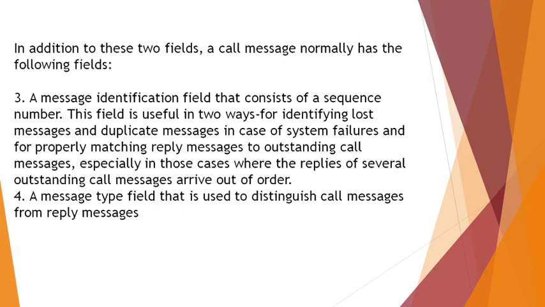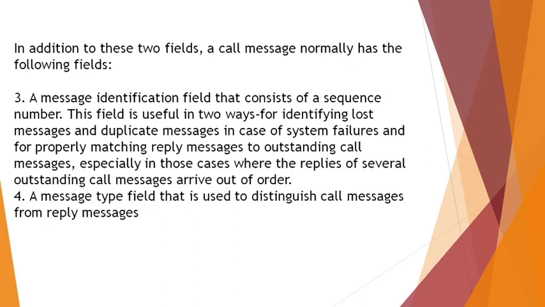In addition to these two, call messages normally have the following fields also. They are message identification fields. It consists of a sequence number. We maintain a sequence number for identifying lost messages or duplicate messages.